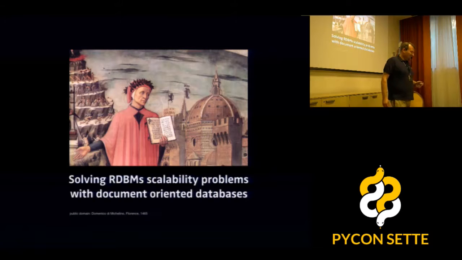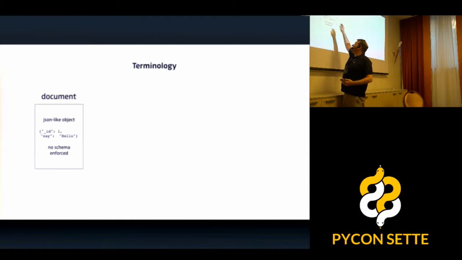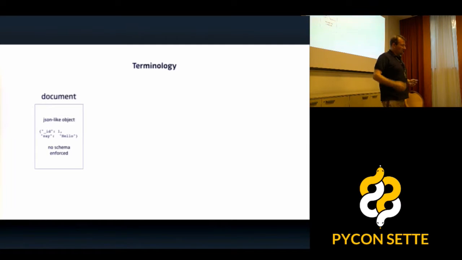So let's bring everybody up to speed and check on the terminology. It's a document-based database, so we store documents. Documents are like JSON-like objects. We don't have a schema enforced, though of course we have some schema.